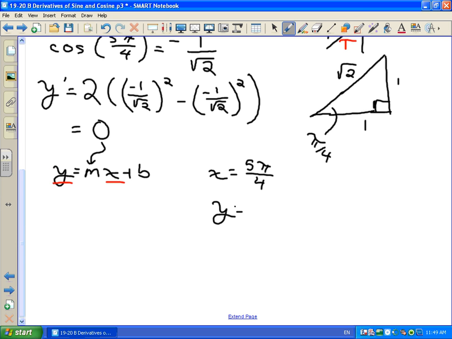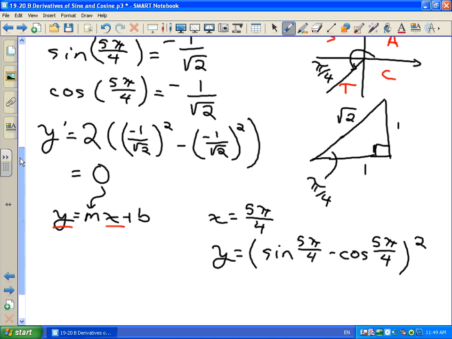Y is going to be, well, let's go back to our original function here. The original function was sine x minus cos x, and this whole thing was squared, so it's going to be sine 5 pi over 4 minus cos 5 pi over 4, squared. We already know what sine and cos of 5 pi over 4 are because we evaluated them up here.